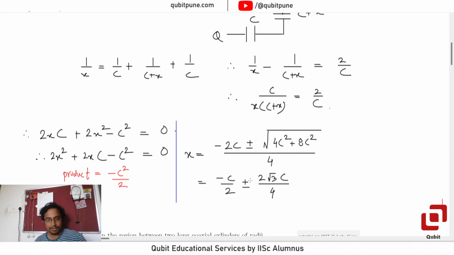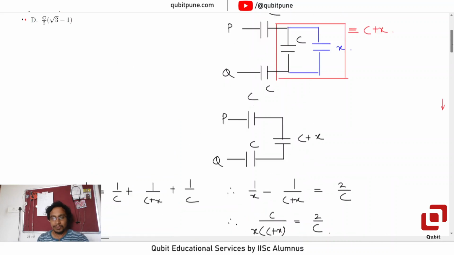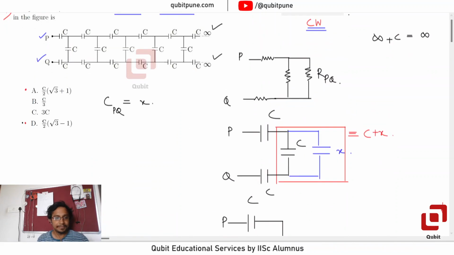Correct? We can take C by 2 common. Now I am not going to consider the negative root because we know that capacitance cannot be negative. So C by 2 into bracket positive root 3 minus 1, and that is option D. Understood?